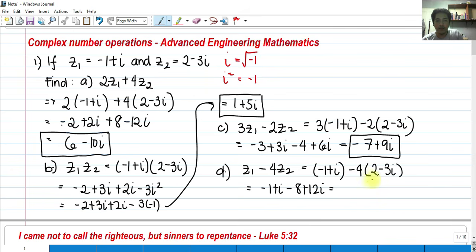Simplifying, we have negative 1 minus 8, that's negative 9. And then we have I plus 12i, that's positive 13i. Let me just rewrite the plus sign here. That is our answer.